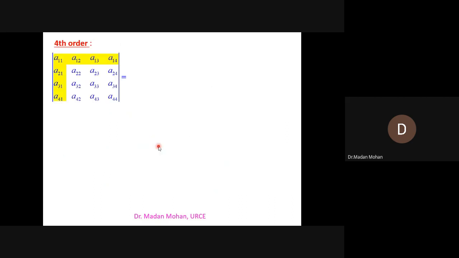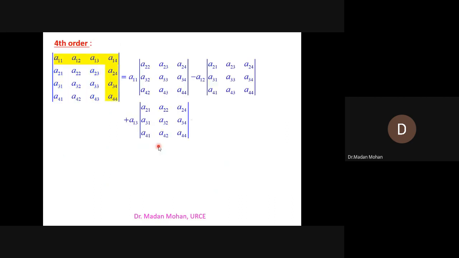Similarly, in a fourth order determinant, each third order determinant gives 6 terms. Therefore, 4 third order determinants. How many terms in total? The number of terms in fourth order is 24.